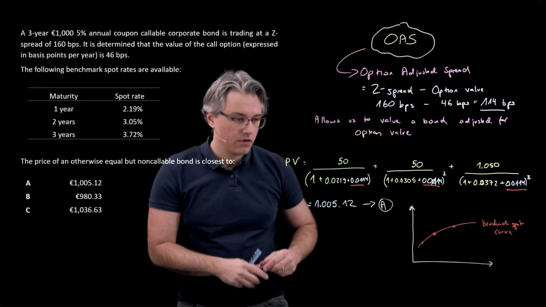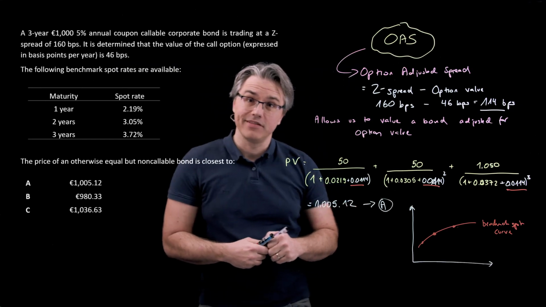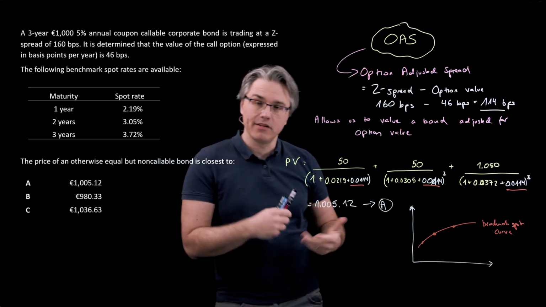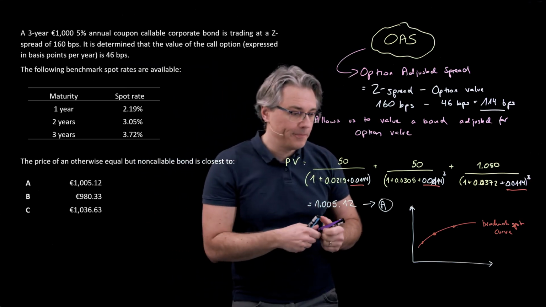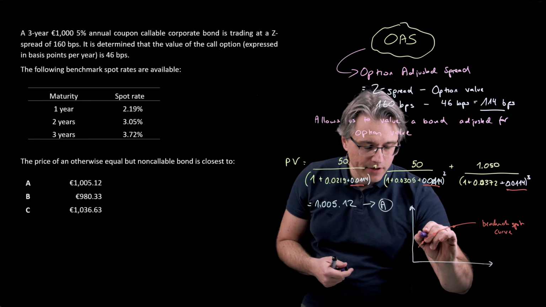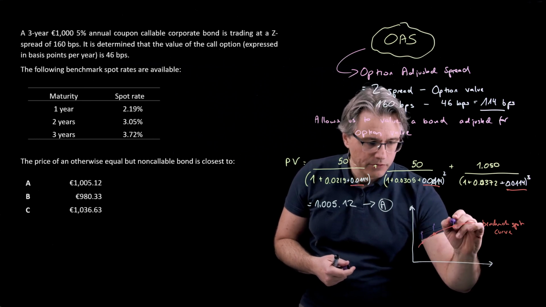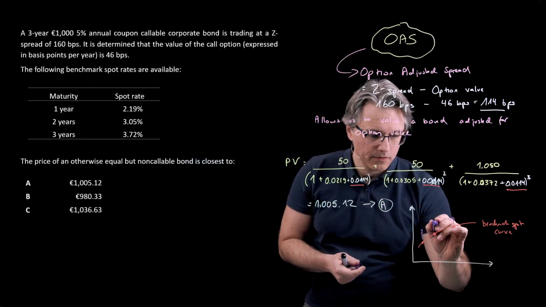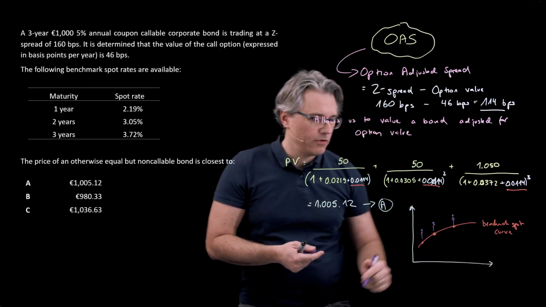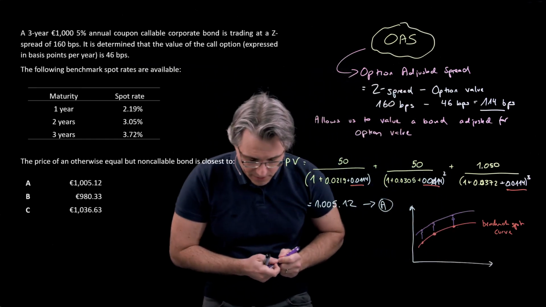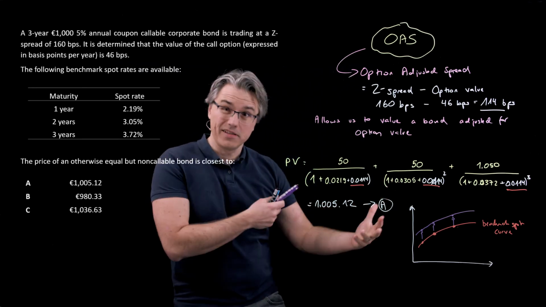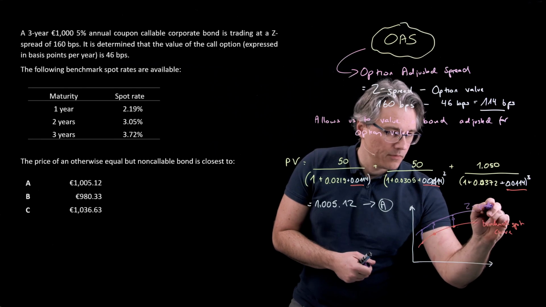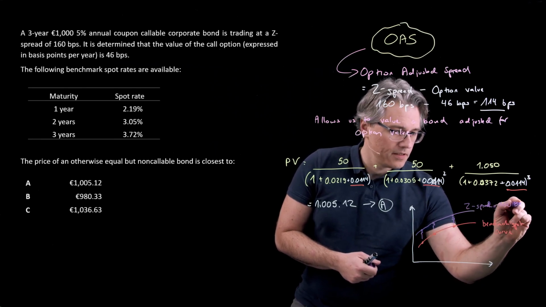Now, when you have to discount cash flows from a riskier instrument than a government one, you're going to use something like a Z spread. A Z spread is basically a spread expressed in basis points, which you would add to your benchmark spot curve to come up with a set of spot rates for discounting riskier instruments. So here, the Z spread for this specific bond was 160 basis points.